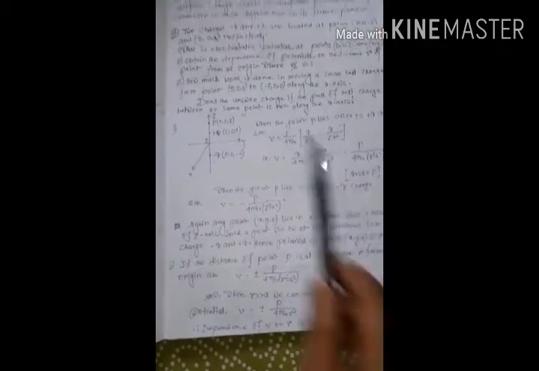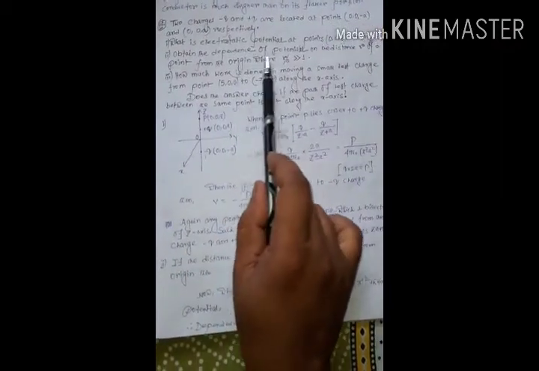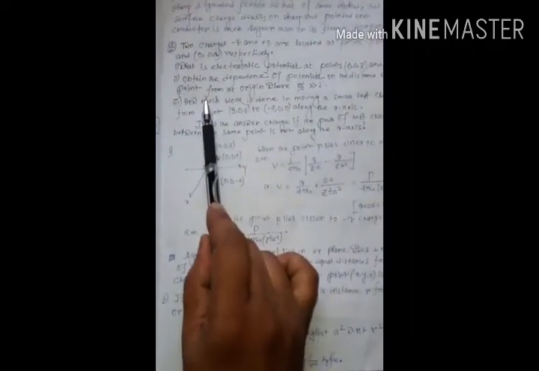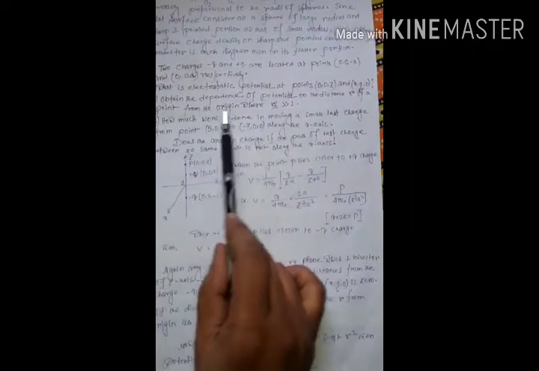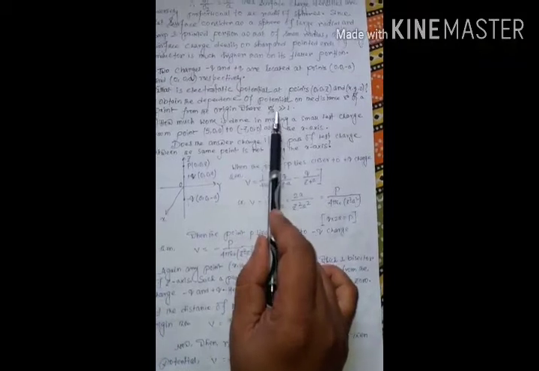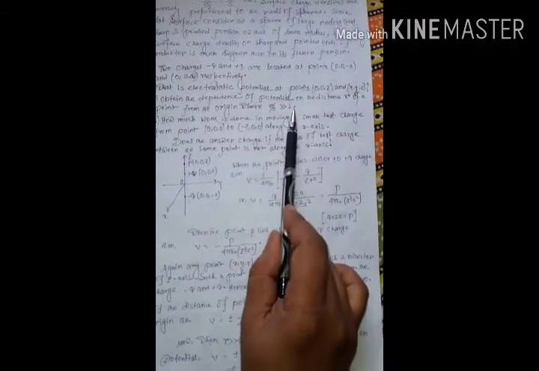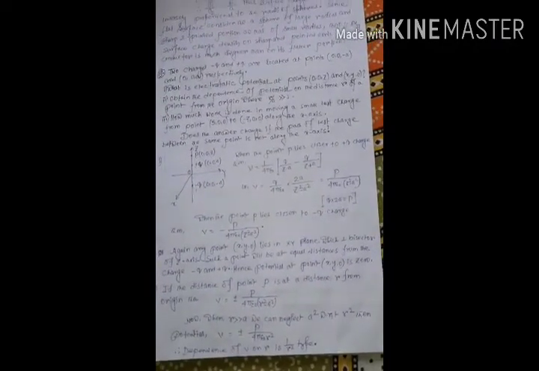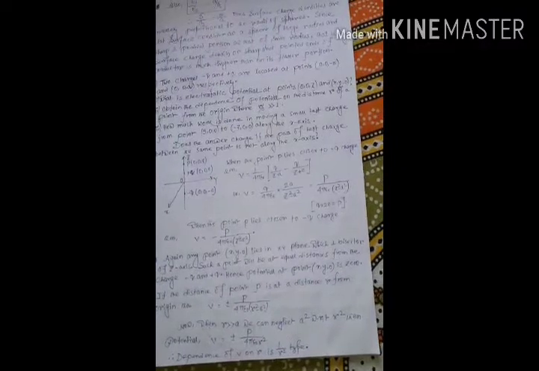Now see the second question. Obtain the dependence of potential on the distance r of a point from the origin, where r is very much greater than a. Clear? Now in this question you have to determine the potential at a distance r from the origin.